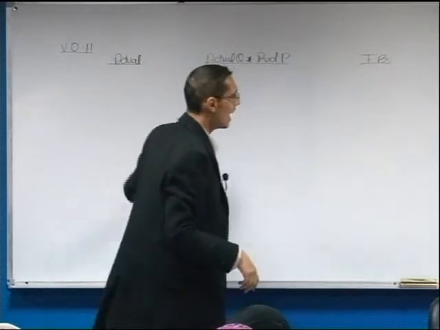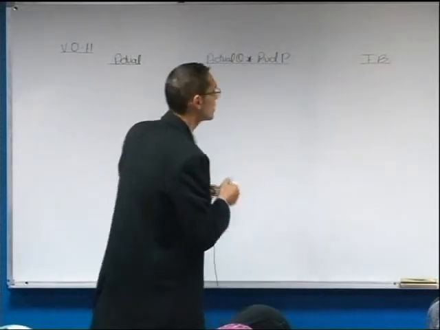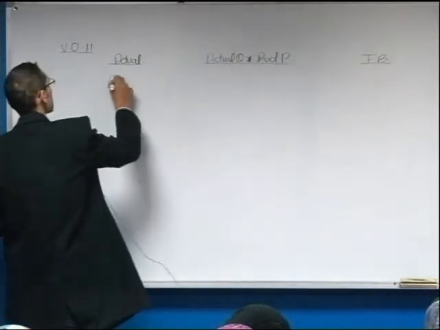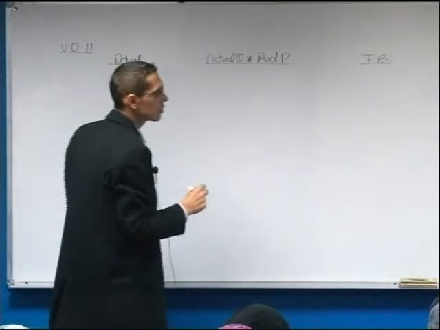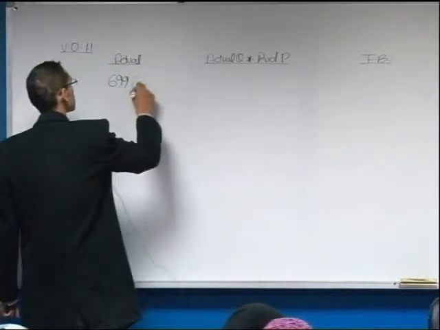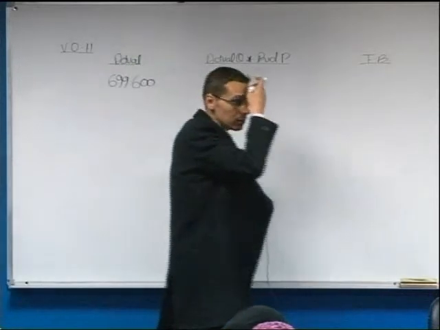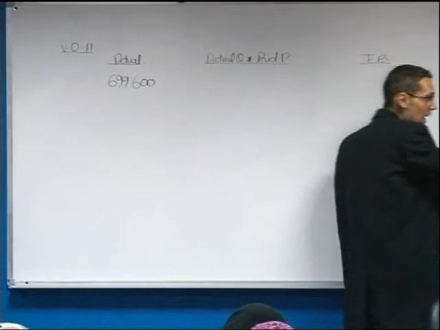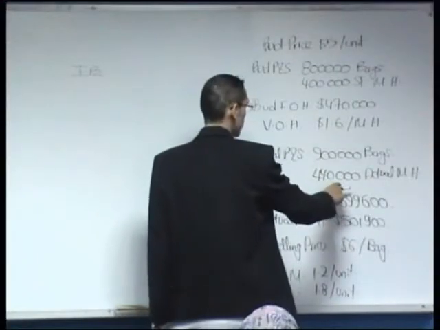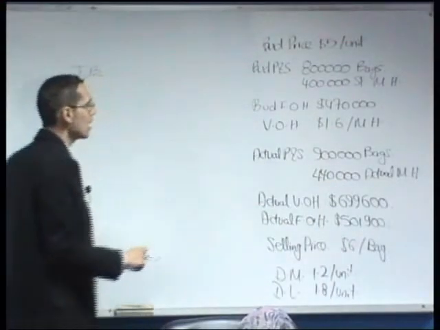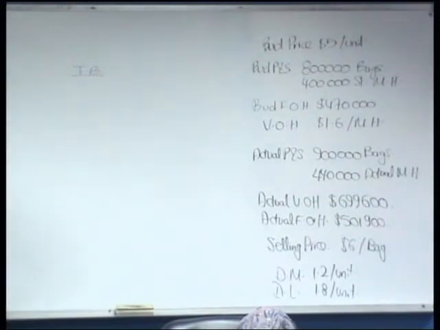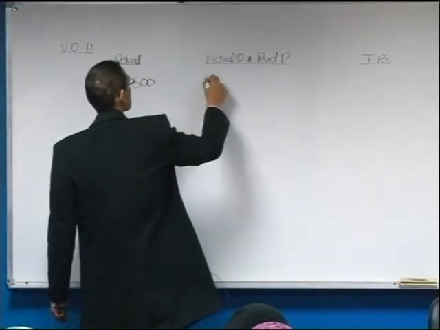Therefore, what is the actual variable manufacturing overhead? It is 699,600. The actual quantity of the allocation base here is 440,000 actual machine hours, correct?